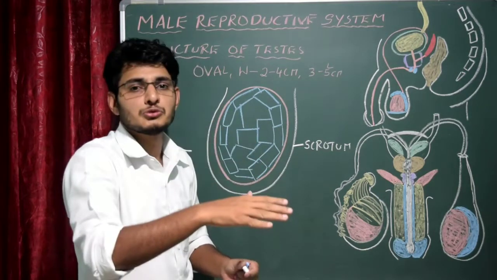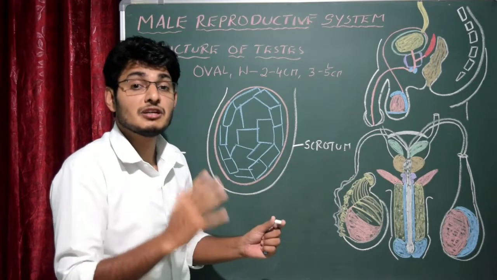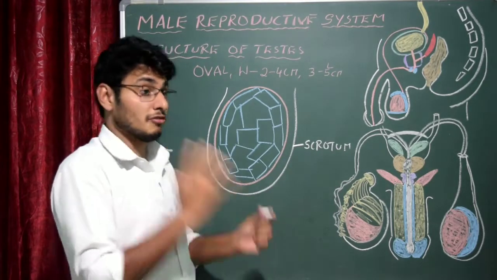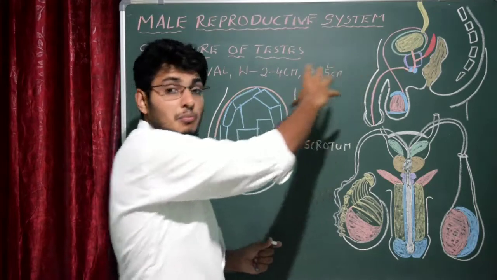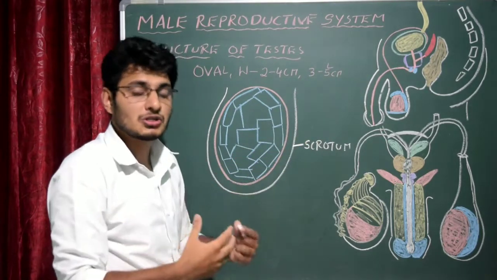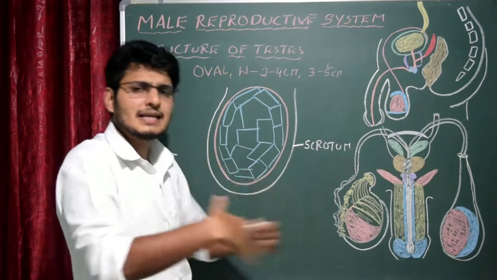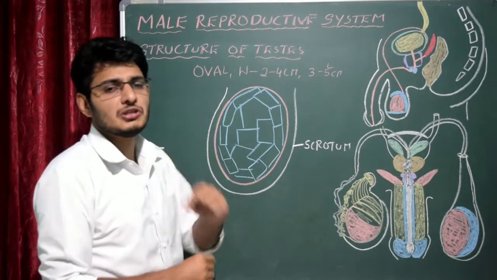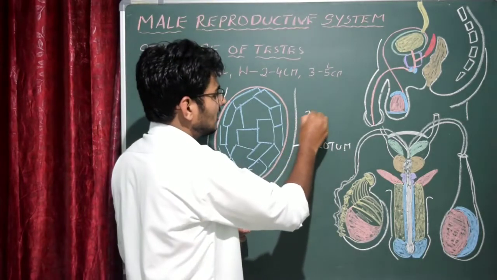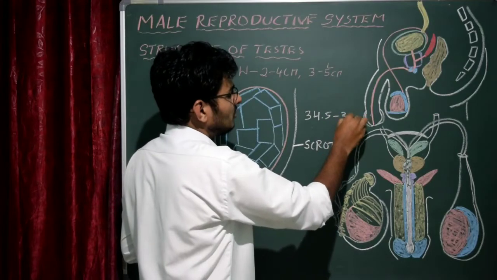What is the normal temperature of a human being? It is 37 degrees Celsius, correct? If the testes were within the body, the spermatogenesis process cannot initiate, because it requires lower temperature. So what is exactly the temperature required by spermatogenesis? Let me write here, 34.5, around 35 degrees Celsius actually.